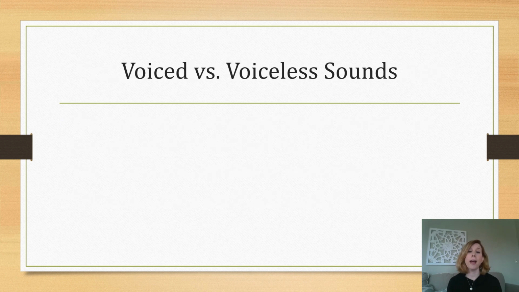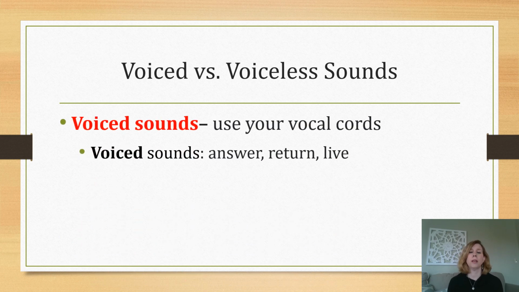Okay, before I explain to you the 3 sounds that ed can make, I want to talk about the difference between voiced and voiceless sounds. Voiced sounds are when you use your vocal cords. So I'm going to put my hand on my throat and show you what I mean.